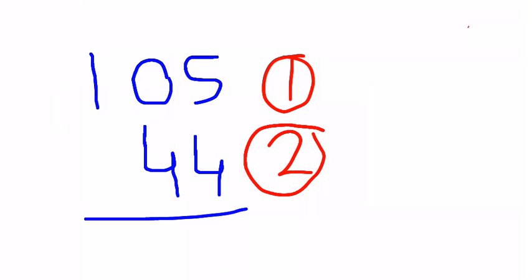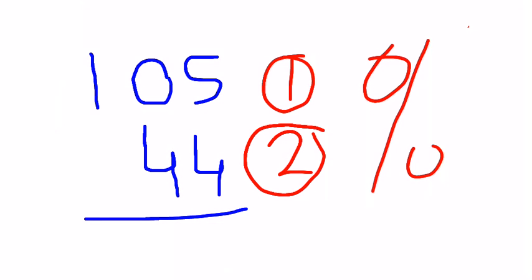So you can break either of these two to get the calculation. We'll do some more examples in the videos which will come later, but this is the percentage method of calculation, or percentage method of multiplication.